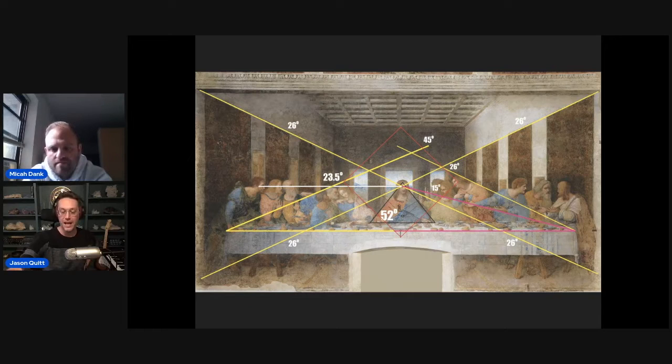But from the end of the table, there's another line, and it goes directly into Jesus's eye. This line is 15 degrees. Why is 15 degrees so important? It takes 15 degrees for the sun to move in the sky 1 hour. 15 degrees, 1 hour, times that by 24, you get your full circle.